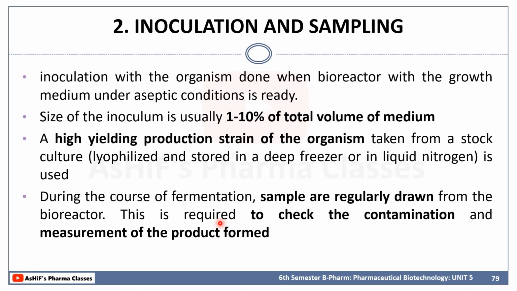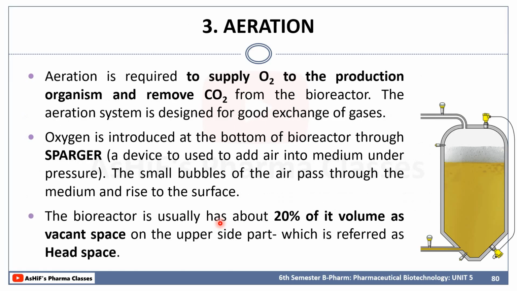Each day we take a sample from the fermenter and check whether there is contamination by any other microorganism, and how much product is formed in the culture media. We measure this by sampling at regular intervals. That is the second operation in the fermentation process, inoculation and sampling.